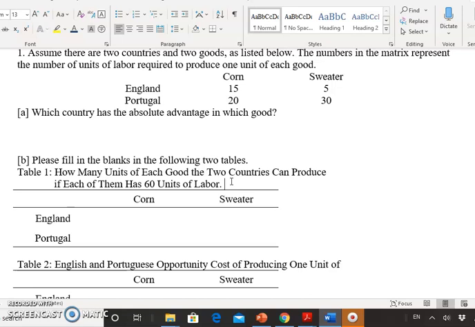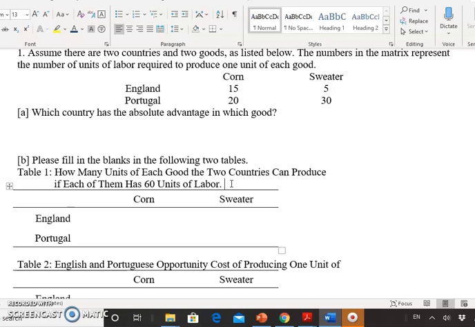All right. So here we're assuming that both England and Portugal have 60 units of labor. So in terms of size, they are exactly the same. As I said, in reality, it doesn't have to be that way. You could say England is bigger than Portugal, or the other way around.